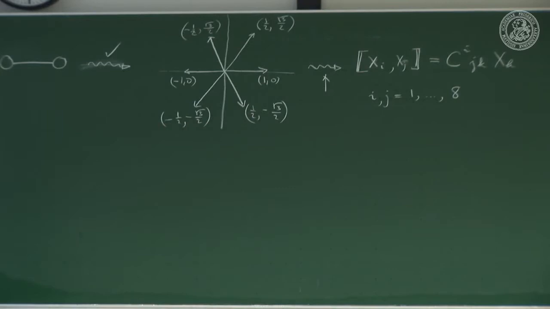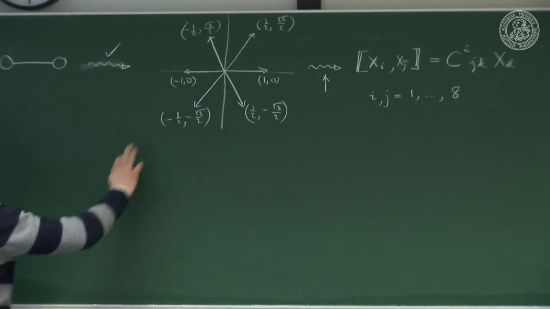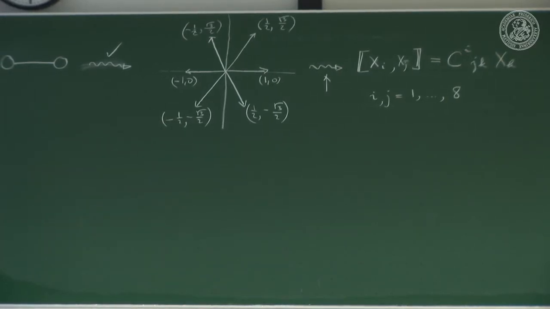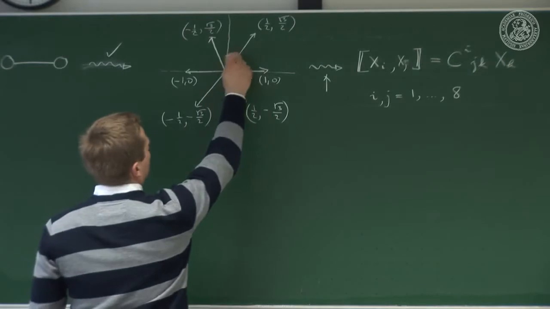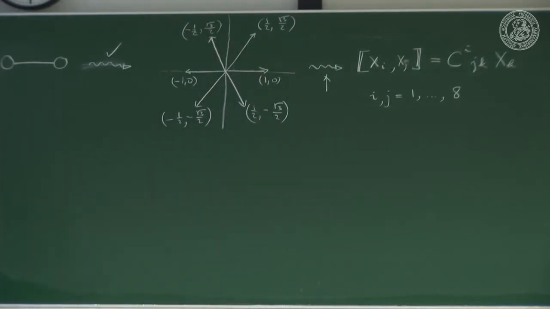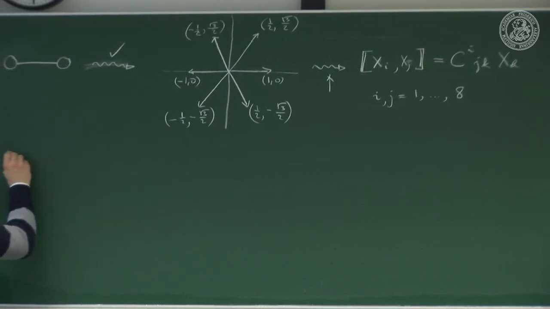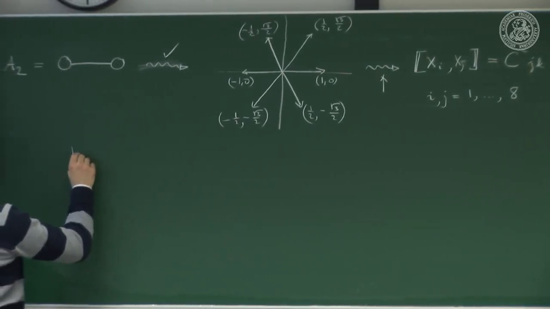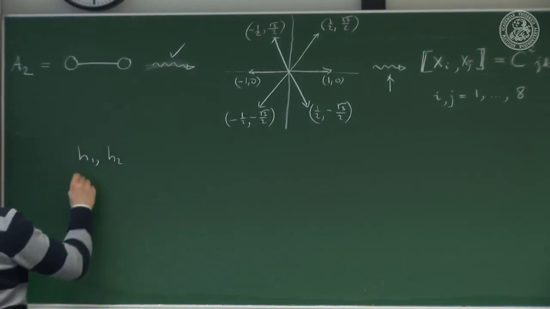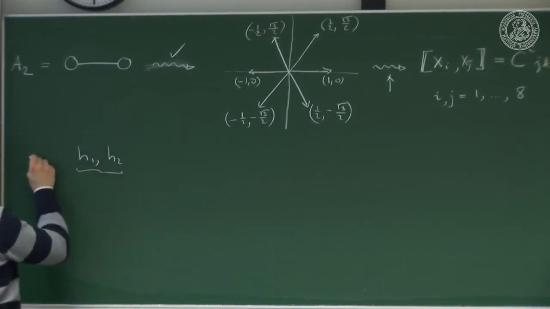Well, one thing we know is this is by construction a simple Lie algebra. We already identified the Cartan subalgebra. It's the one spanned by these two fundamental roots, or where all these roots lie. And so what we definitely know is that we have two of the basis vectors, h1 and h2. They constitute the Cartan subalgebra.